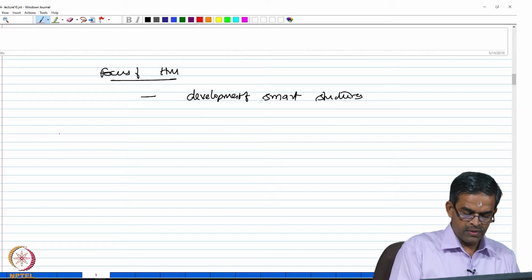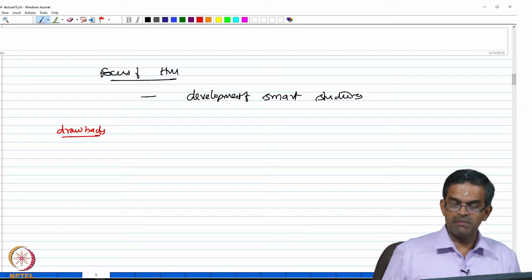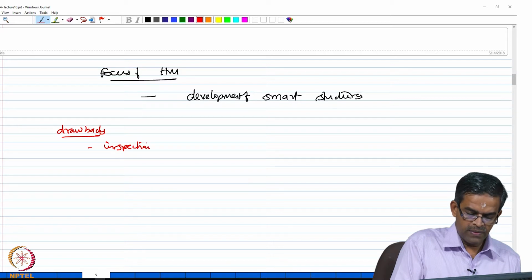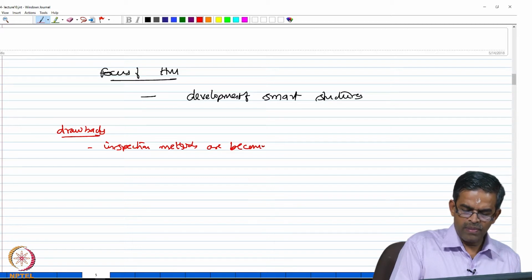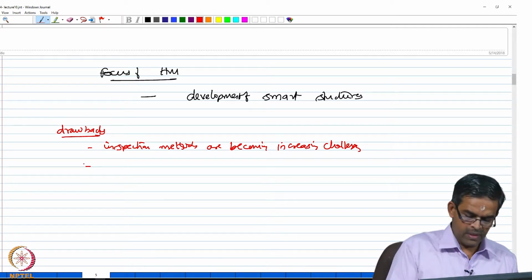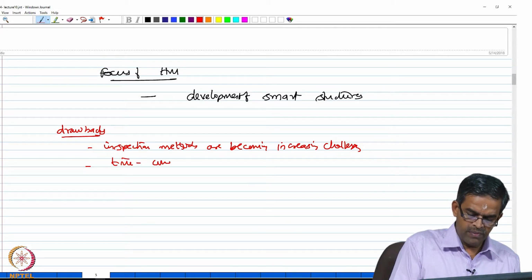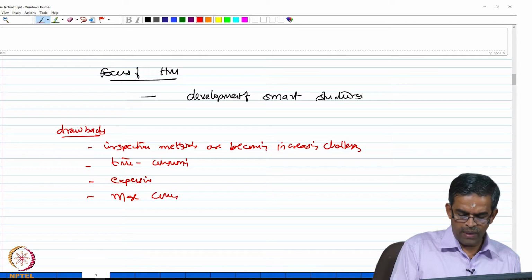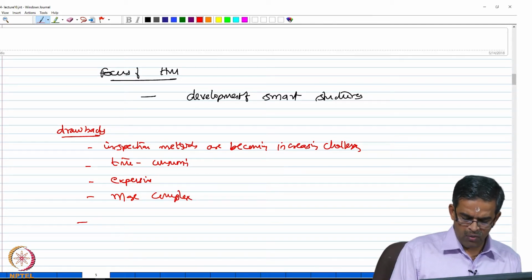Now, there are some drawbacks which the conventional inspection methods have. Inspection methods are becoming increasingly challenging. They are time consuming, they are expensive, and most importantly they become more complex, especially when you talk about underwater structures.